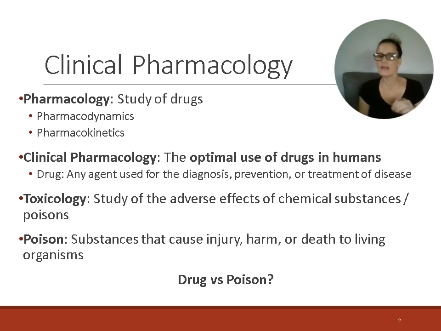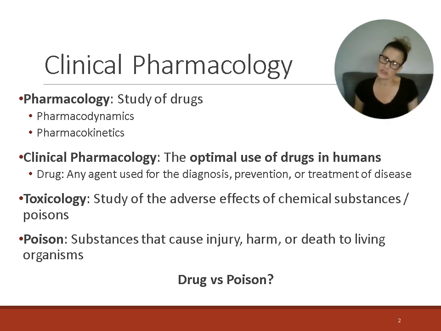Now, clinical pharmacology is more specific in that it's the study of drugs and how we can optimally use them in humans. So not just, hey, this is a drug and this is what it does, but how do I actually use this? When do I prescribe this drug?